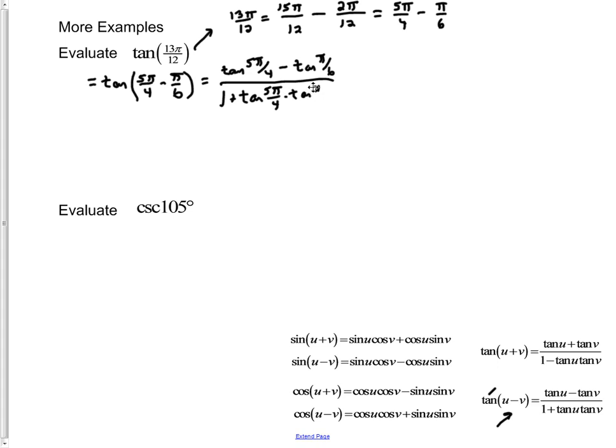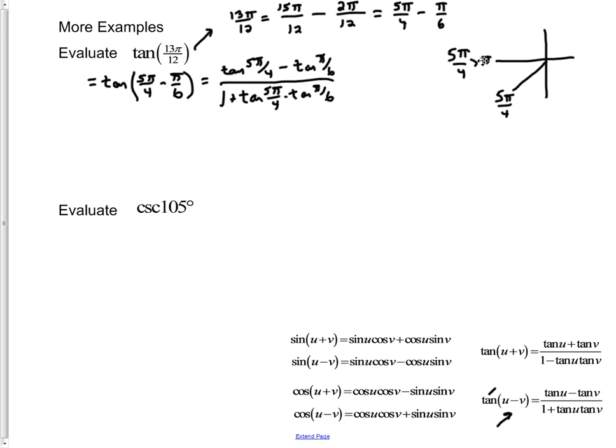Okay, so it's time for us to go back to those basic values. If I wanted to find the tangent of 5 pi over 4, I will note 5 pi over 4 is an angle that is in the third quadrant. Because in the third quadrant, here's pi, and 5 pi over 4 is a little bit larger than that, right? 5 pi over 4 is larger than pi.